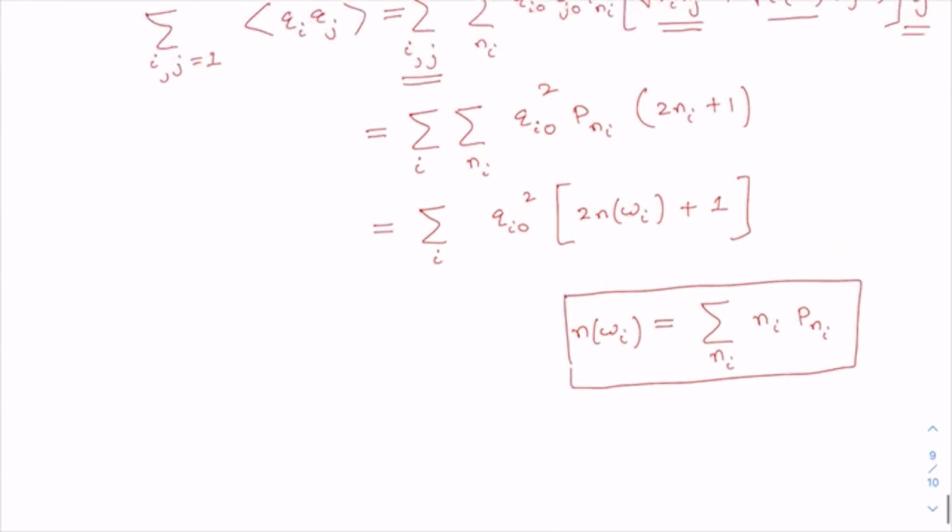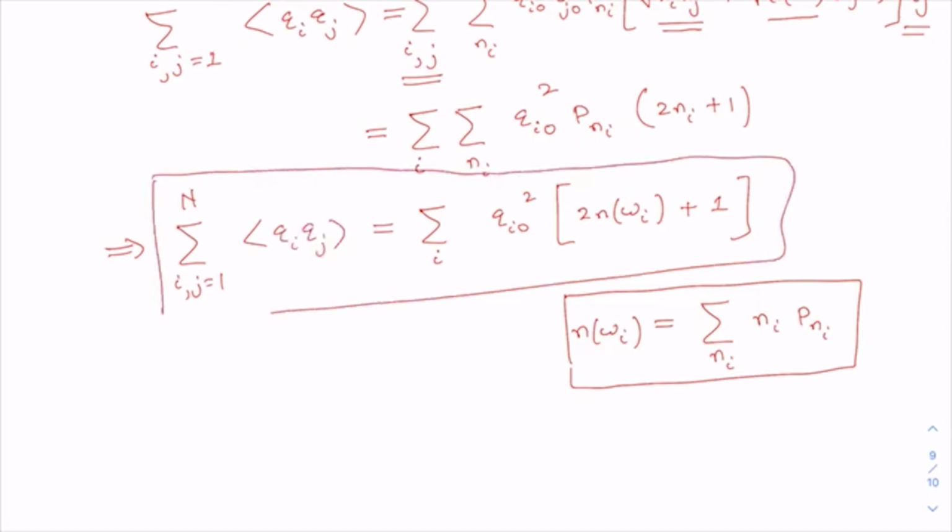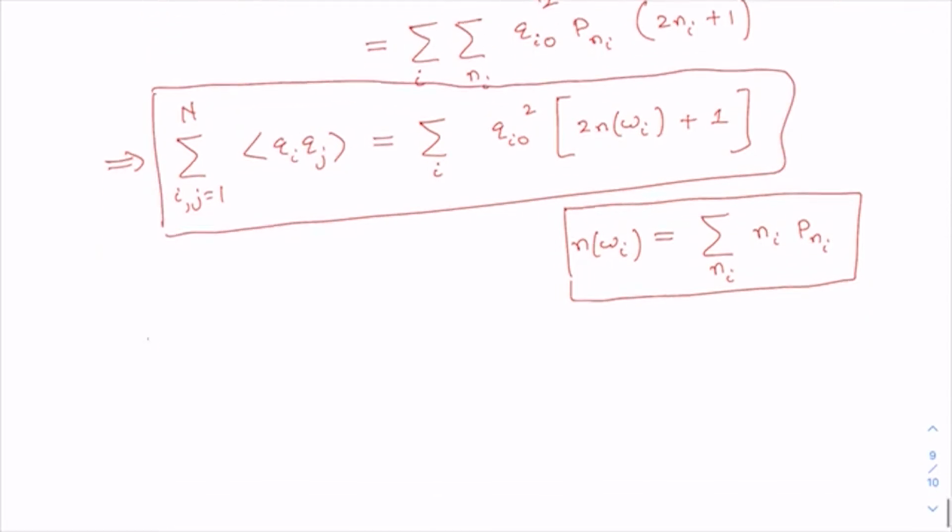Now therefore this is a very important result I obtain. When I take the summation qi qj, this is what I got. This one I can further simplify, because I know that n of omega i, which we already worked out, is equal to 1 over e to the power h cross omega i by kbt minus 1.